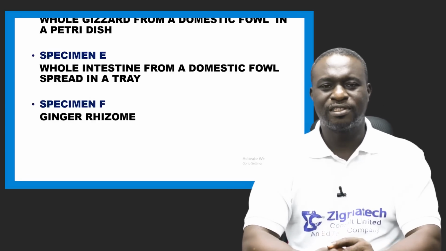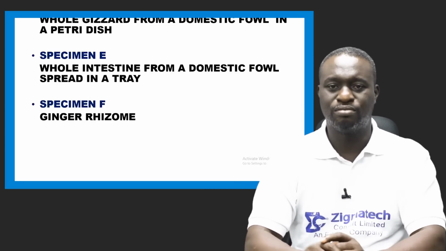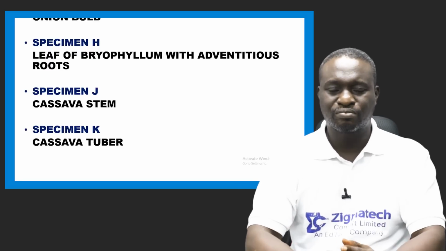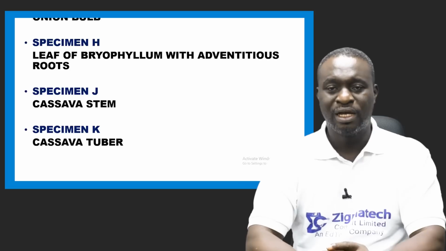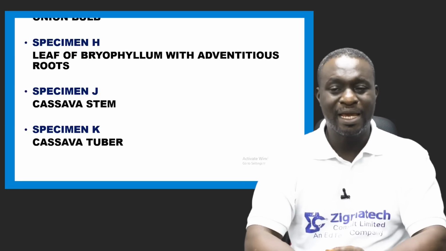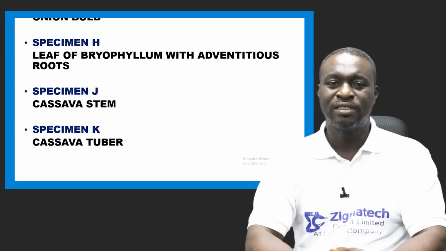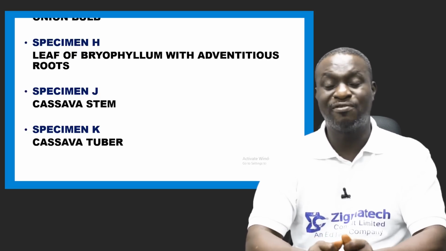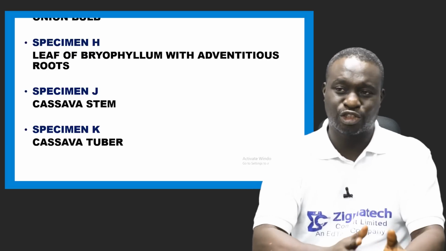Specimen F is the ginger rhizome. Specimen G is the onion bulb. Specimen H is a leaf of bryophyllum with adventitious roots attached to it.